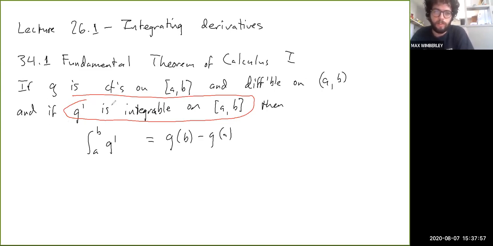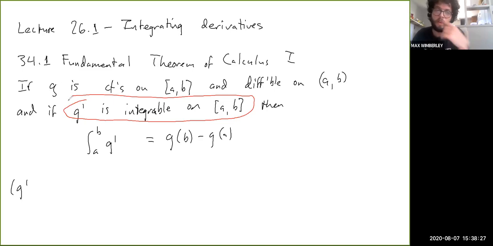So what does it mean to say that it's integrable on the closed interval? Because it doesn't take values at A or B, right? But the point is, if you just think of G prime as an abstract function, right? Forget that G prime came from taking the derivative of G. It's just a function, right?